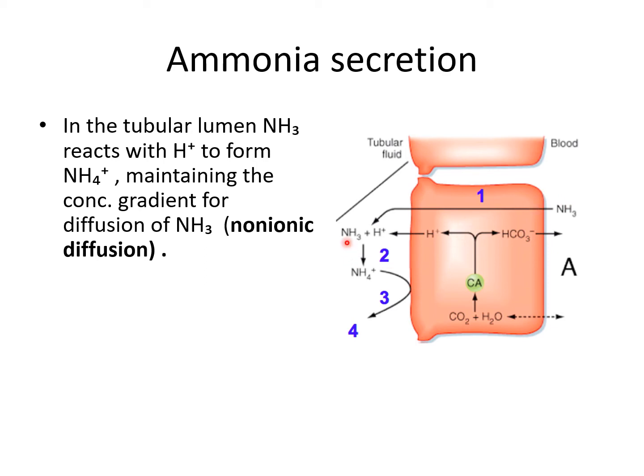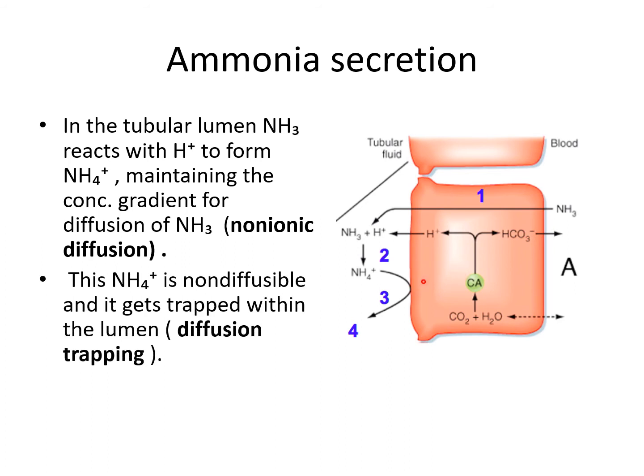And this NH4+, once it forms, is non-diffusible. It cannot go back. It is not diffusible like NH3, and that's why it becomes trapped in the tubular lumen, and this is called diffusion trapping.